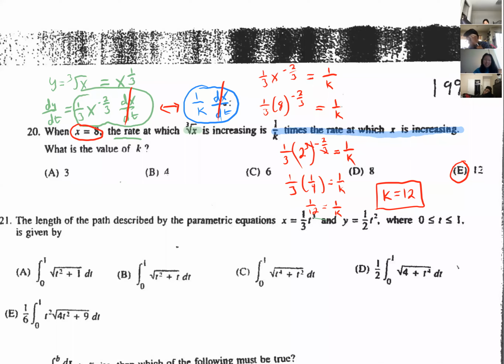So I mentioned right here, it says that the rate is 1 over k times dx over dt, or how x is increasing. And another way to find the rate would be to take the derivative of the original function, which is cube root of x. So I'm finding two rates of change that describe the same thing. That's why I'm allowed to put those two rates of change equal to each other. Gotcha.